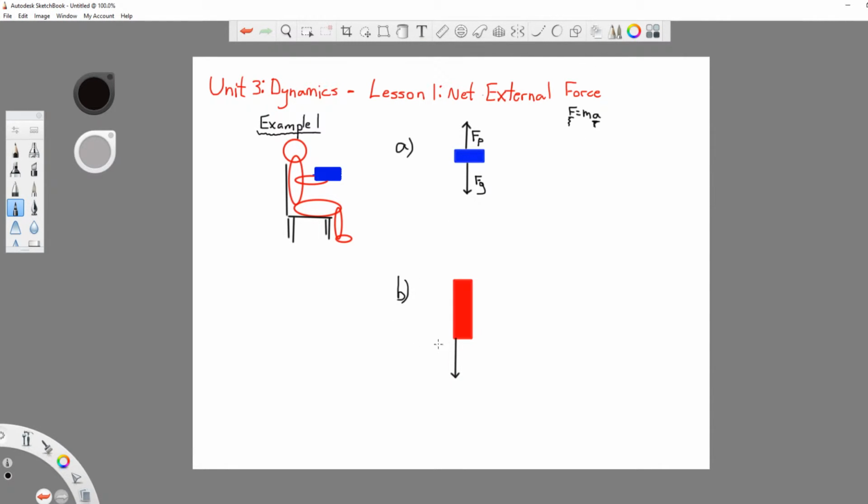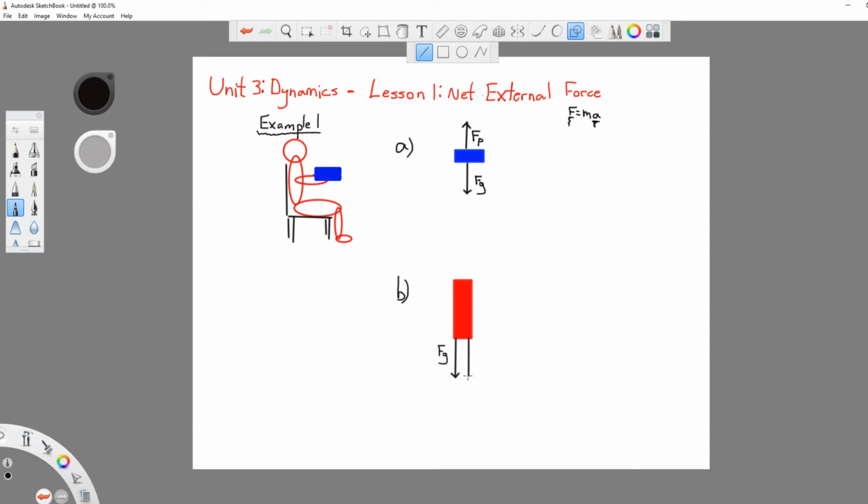And we'll label this F_G. Anything else that's pushing down? Well, in a way, yes. This book, just as the person is pushing up on the book, is pushing down on the hands of the person.